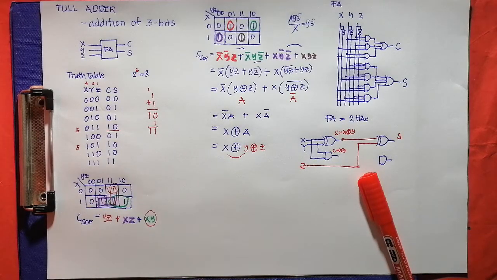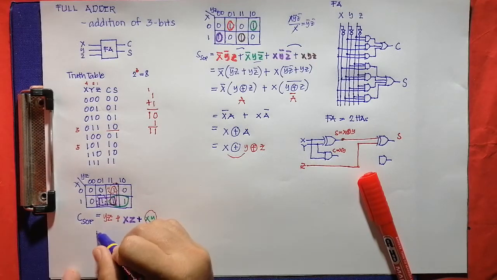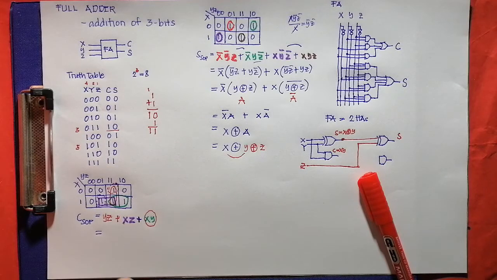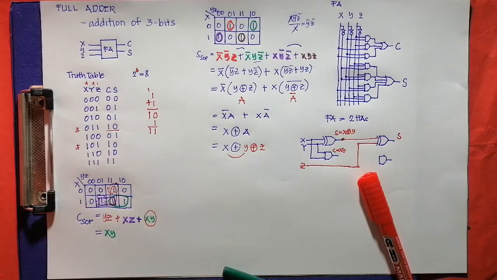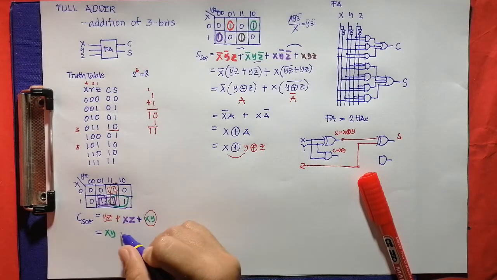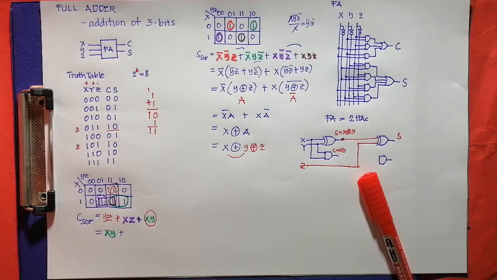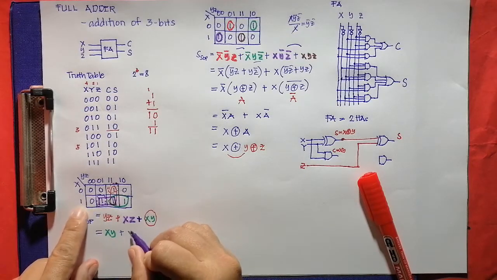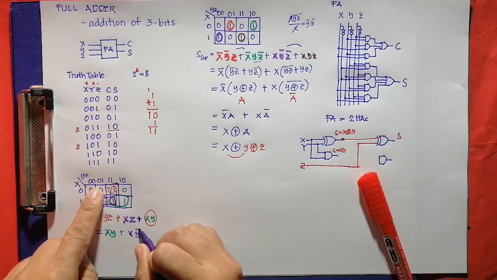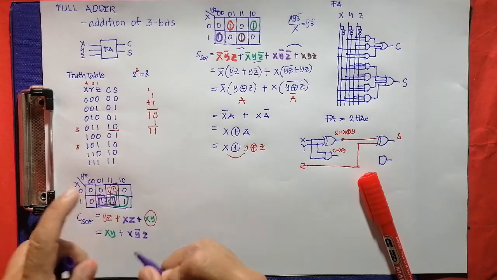So therefore, we're going to have it as, again, retain the green, which is your XY, plus we have the violet. So instead of by pair, we now have it by 1. So we have here x, not y, and z.